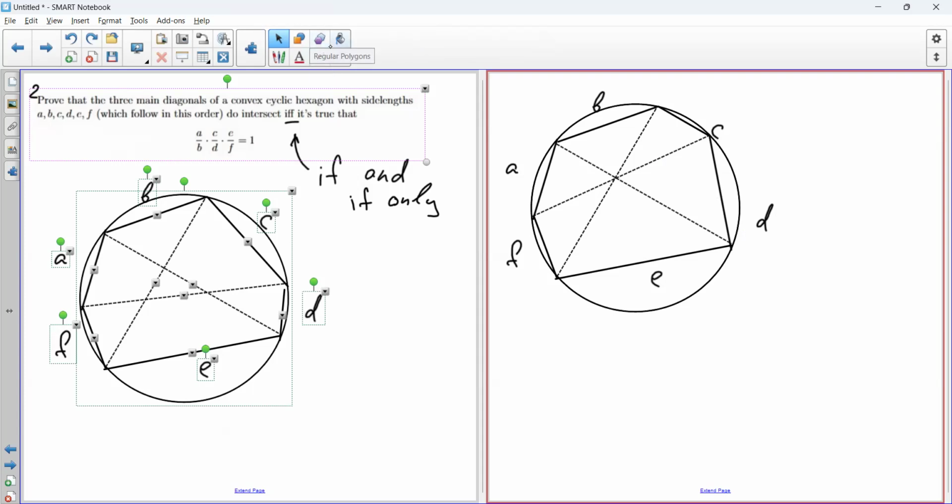What we need to show here is that the statement holds for these segments, right?